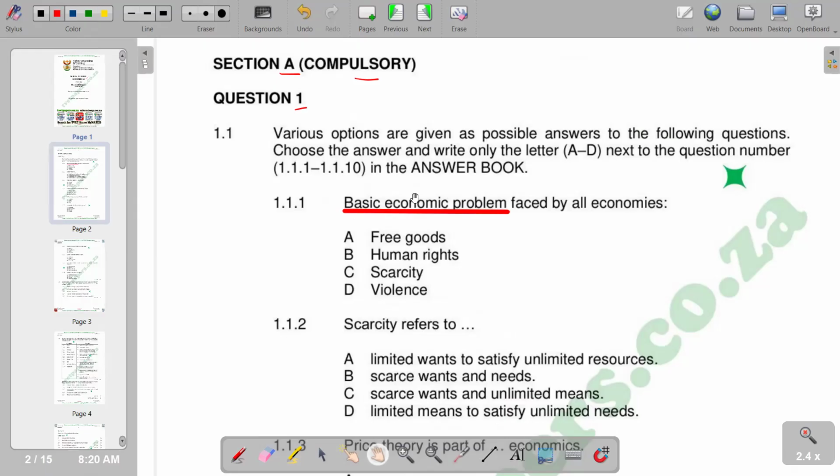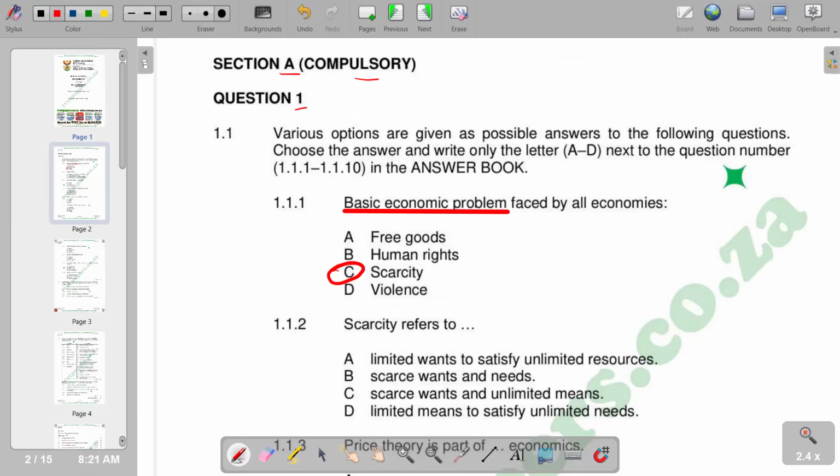So the basic economic problem consists of three elements: we have scarcity as one of the elements, we have choice, and we also have opportunity cost. So the one that is faced by all economies is having few resources to meet unlimited needs, which is specifically scarcity, which we have on C. So the correct response is scarcity.